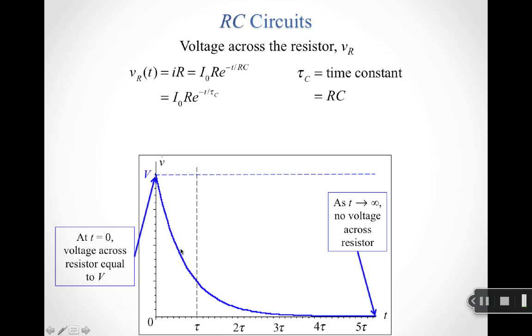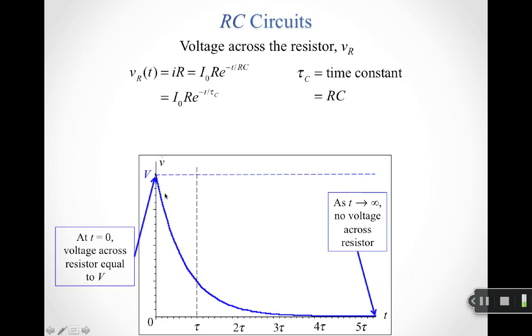So if I go to plot the voltage as a function of time, the voltage of my resistor, at t equals 0, the voltage across the resistor is equal to the voltage of the battery, right? Because that's when my capacitor is acting like a wire. But as t becomes really large, there's no current flowing across my resistor anymore, so there's no voltage across my resistor.